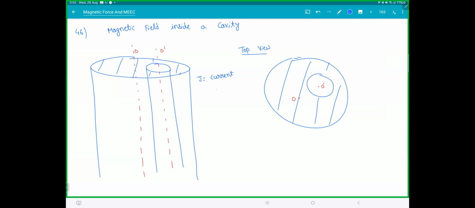Find the field inside the cavity, in terms of O O dash and J.